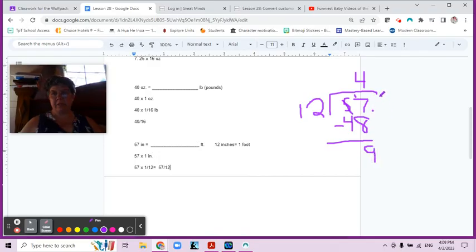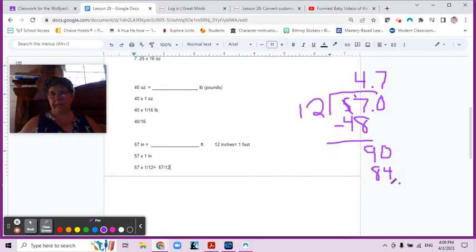Now I'm going to put a decimal because I am going to keep going like we learned in our last topic. Good practice too. So now 90 divided by 12. Well, times 8 would be 96, so I'm going to go times 7 because that's 84.